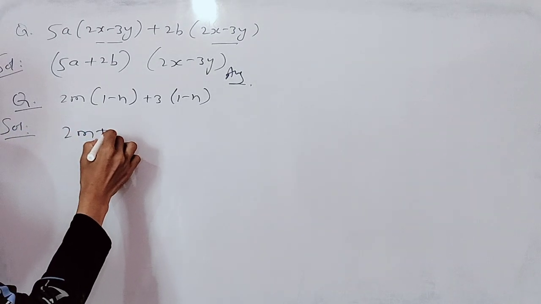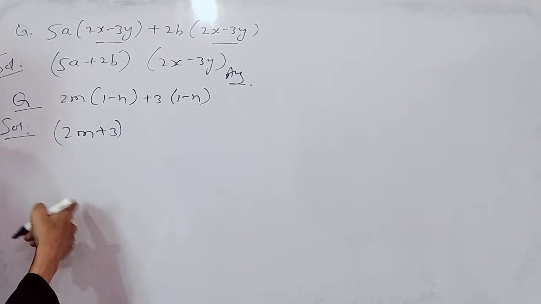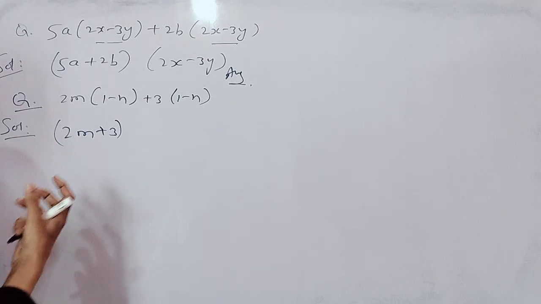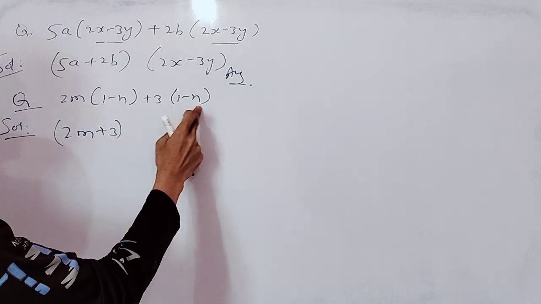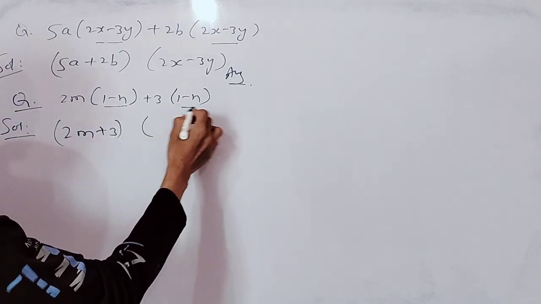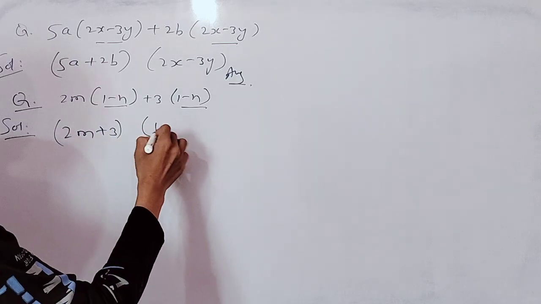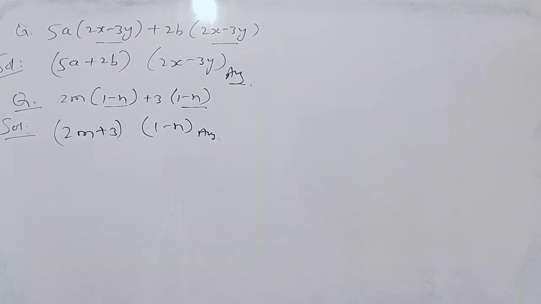So 2m plus 3. We are writing these terms in one bracket, which were the outside terms. Now this is common, this is the same. That's why there are two which are the same, so we will write it one time as a common. That's it. Clear?